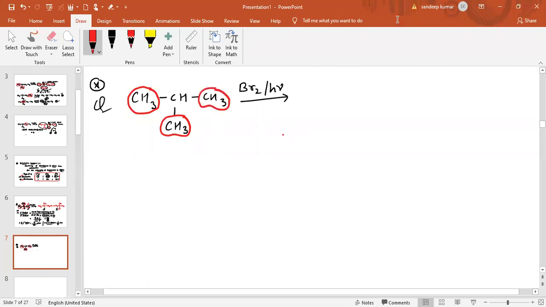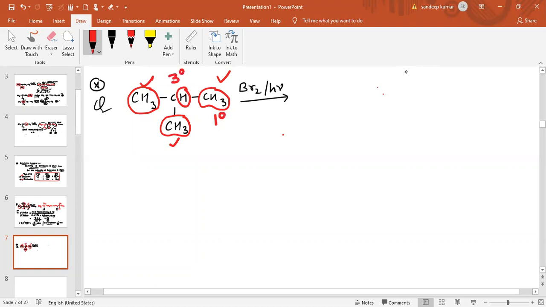You can easily see, in this case either you can remove hydrogen from this position, or this, or this. These three positions are equivalent, or you can remove hydrogen from this position. These three positions are basically 1 degree, and this is basically the 3 degree.